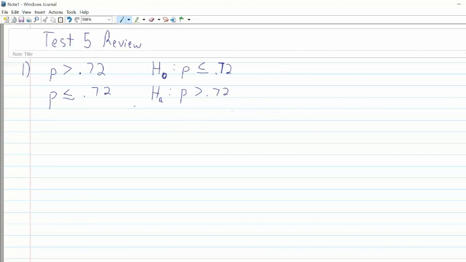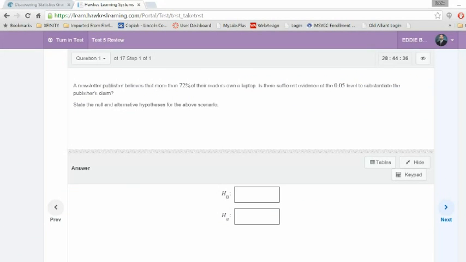As we move on, the symbol that's with the alternate hypothesis is going to make a difference, but on this problem, that's all we needed. So you just fill in the blanks on this number 1, and you get your answer.